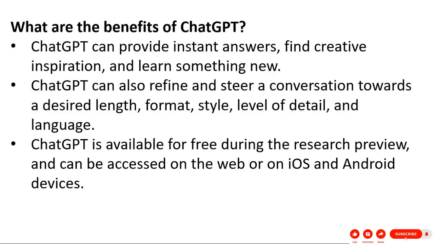Or you can tell it to work like an agent and give answers like an agent. Or you can say work like a Linux terminal, and it gives answers like a Linux prompt. So it gives more customizable answers.